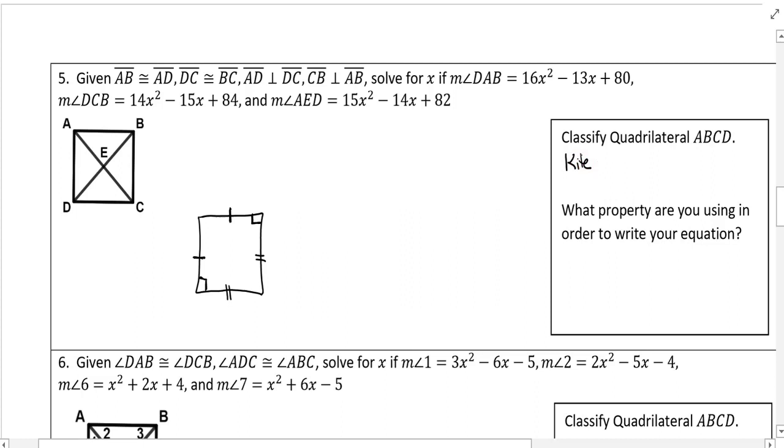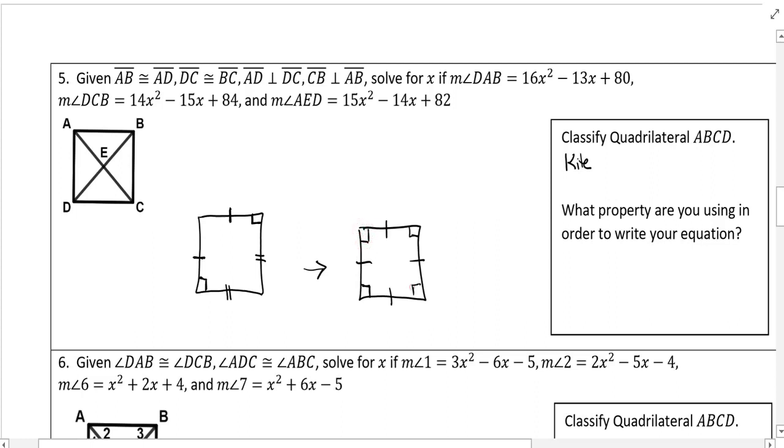If opposite sides are congruent, then we would have all four sides congruent, and we would have these two angles being 90 degrees. And if all four sides are congruent, it's a rhombus, and because it's a rhombus, it's a parallelogram, and because it's a parallelogram, consecutive angles are supplementary, and if one of the angles is 90, then the angle next to it would have to be 90.